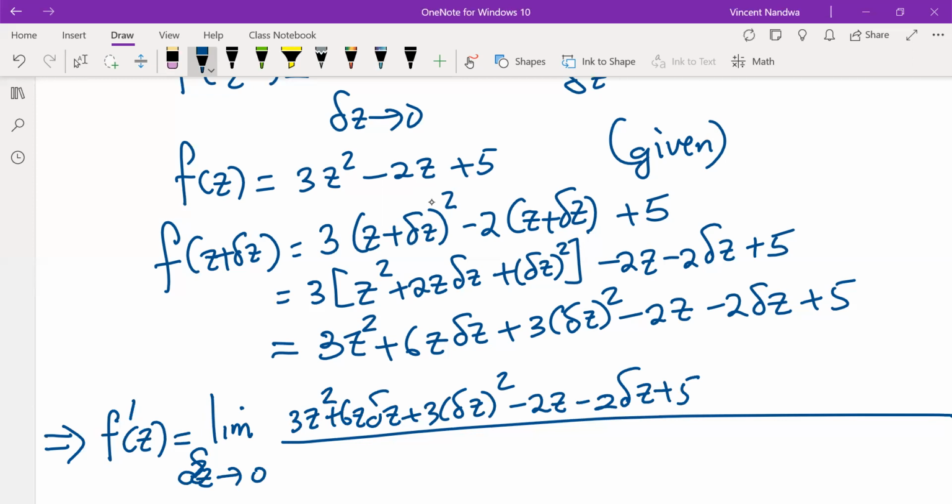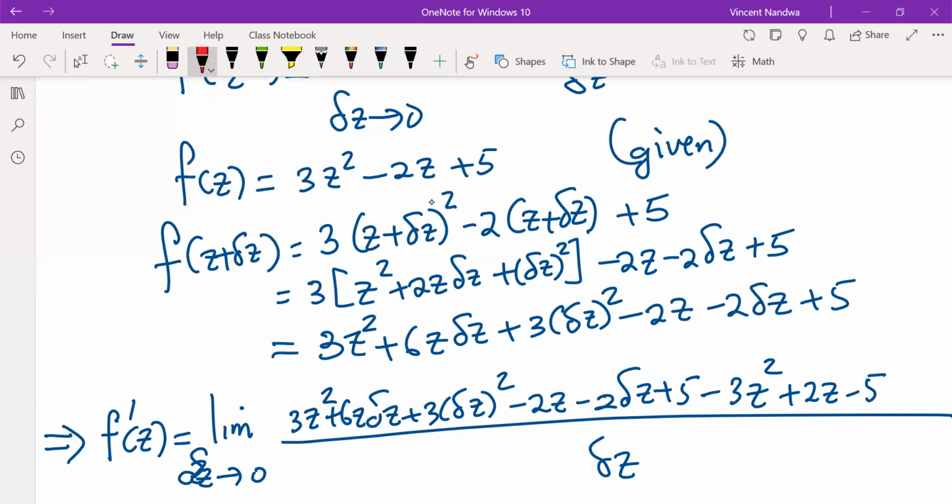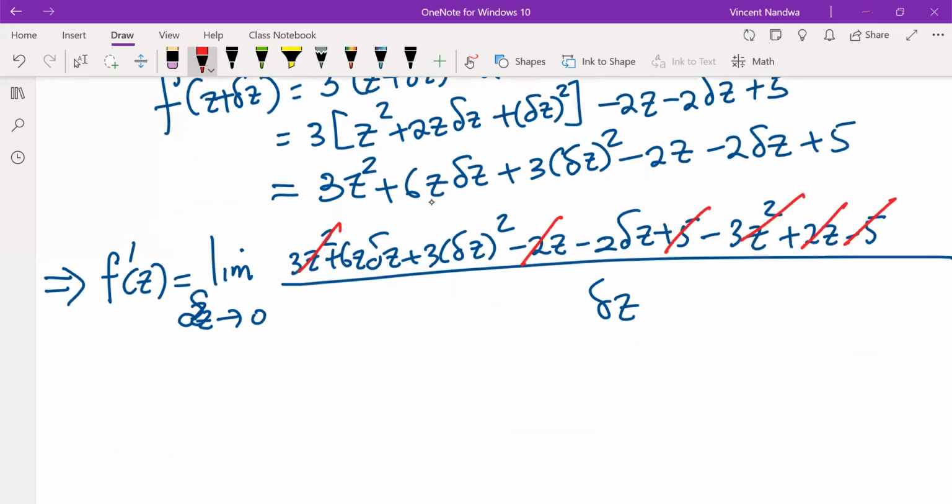So every term here, the sign will change. Minus 3z squared. This being minus will be plus 2z. This being plus will be minus 5, over delta z. So that will give us, this cancels with this: 2z minus 2z, minus 5 plus 5.